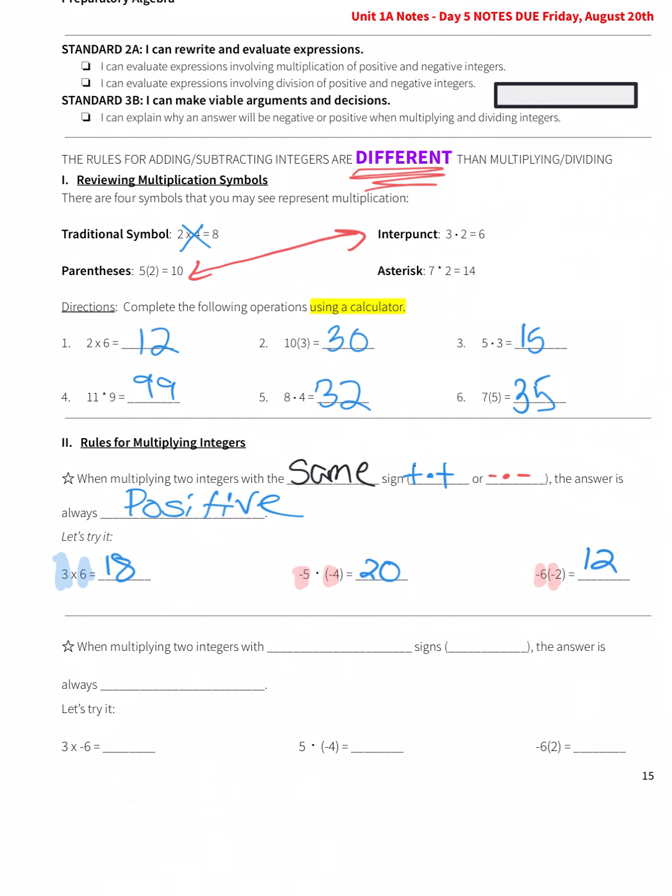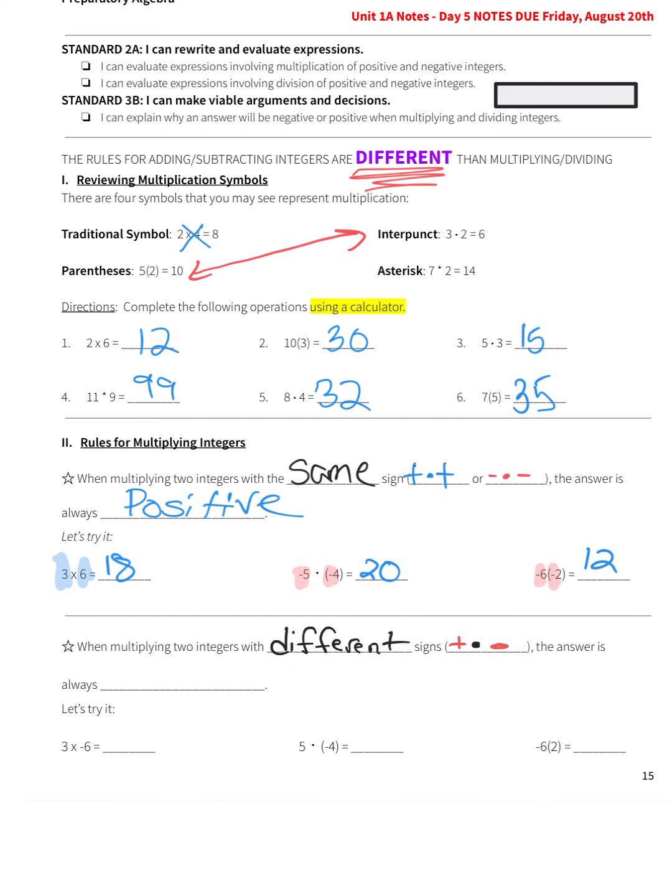So our second rule for multiplying is when multiplying 2 integers with different signs, the answer is negative. So when we're multiplying a positive times a negative, and it doesn't matter the order.